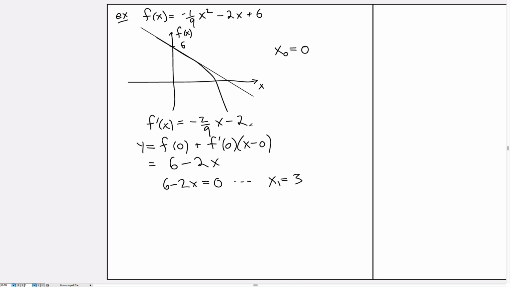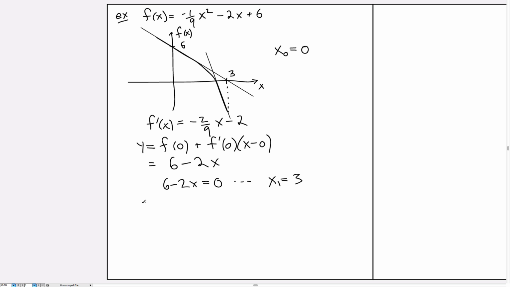Now that we have this better estimate, we could do the exact same thing over again, but now at x equals 3 instead of at x equals 0. So we're going to draw a tangent line here, and find an improved estimate where the tangent line at 3 intersects the x-axis.